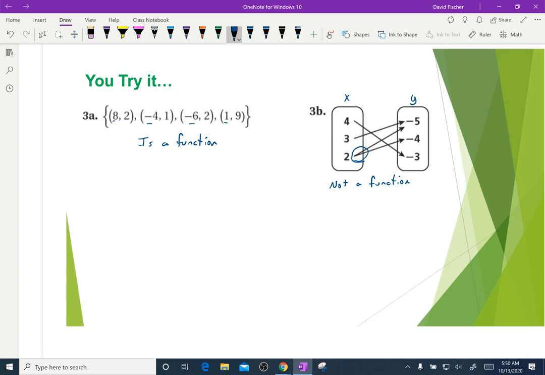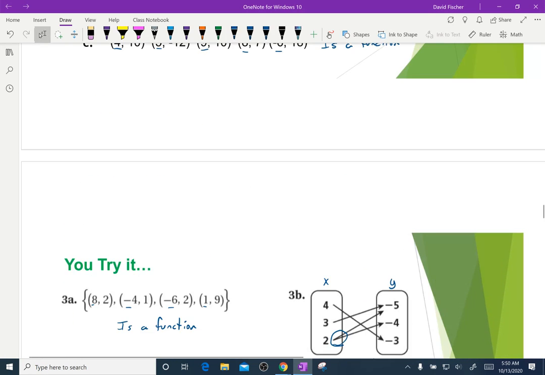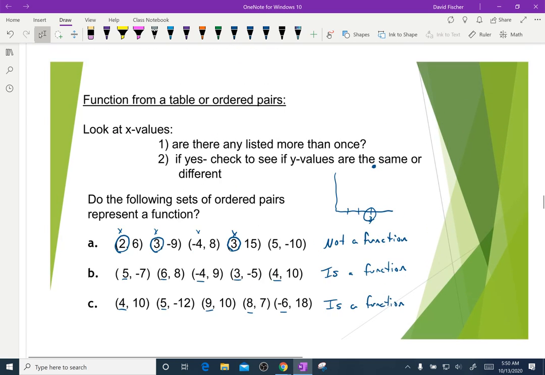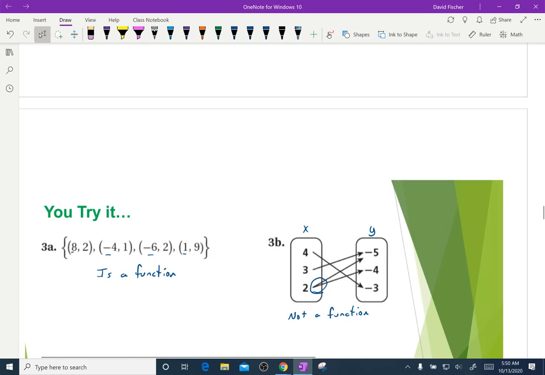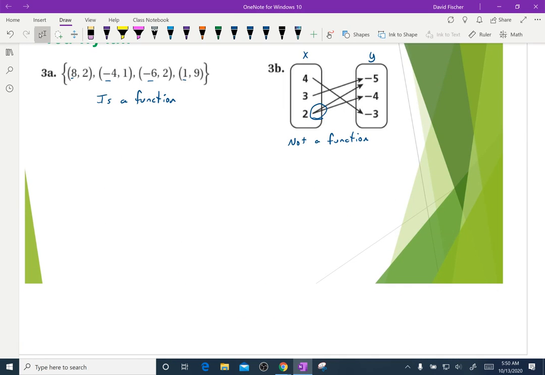They asked me to explain, which I don't know, did they ask us to explain up here? I don't think they did. They just said, is it a function or not? If I did have to explain, and I don't think they said so in the directions, I would say because the domain of 2 has two range values.